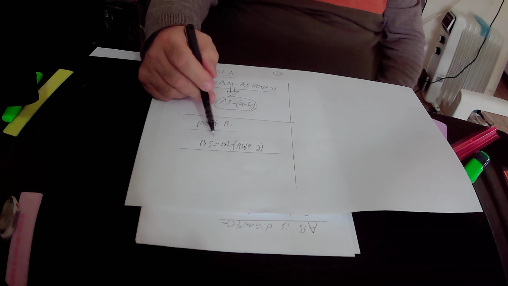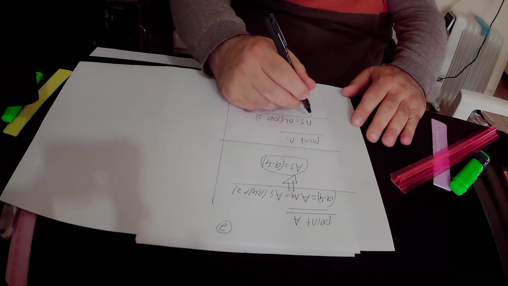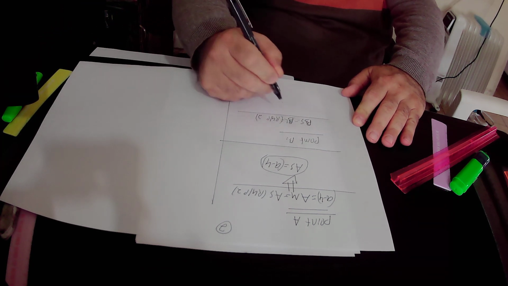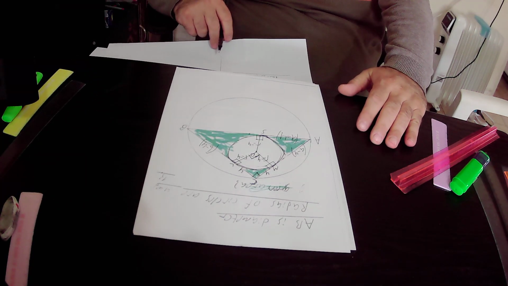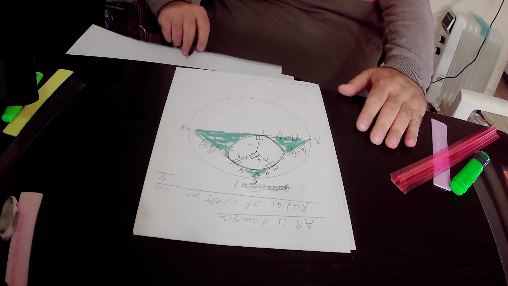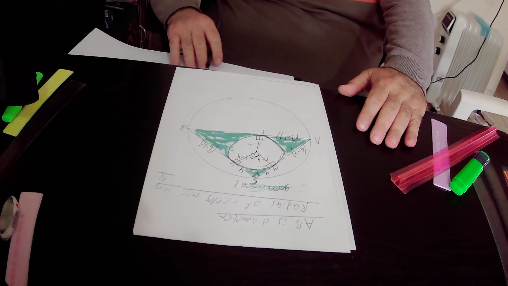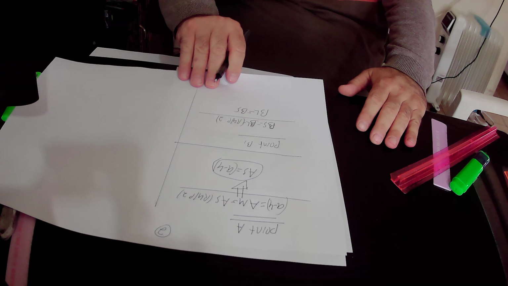That is to say, BS equals BL according to rule number 2.